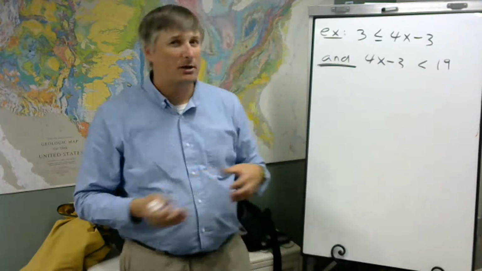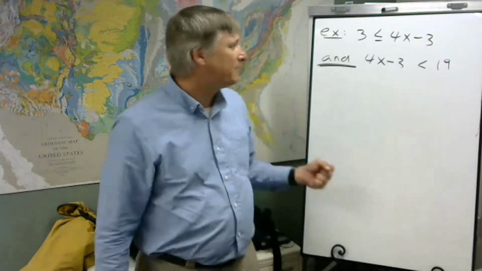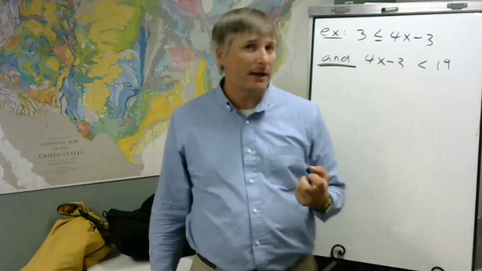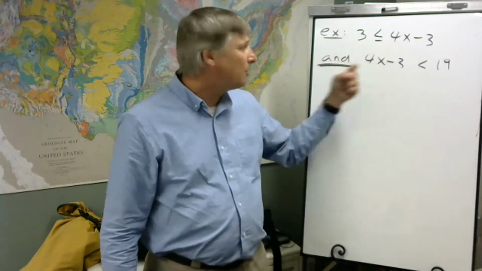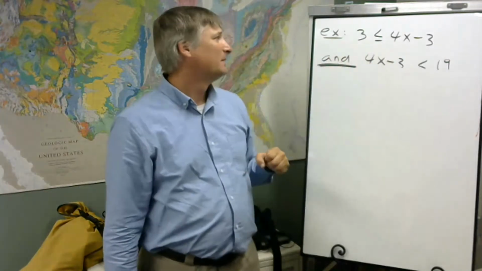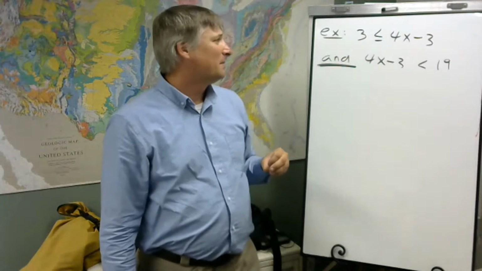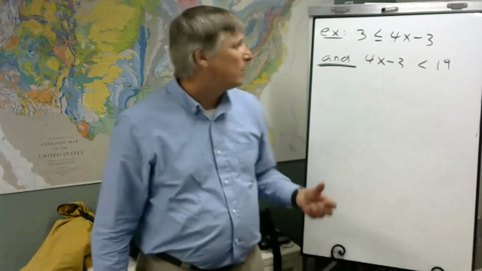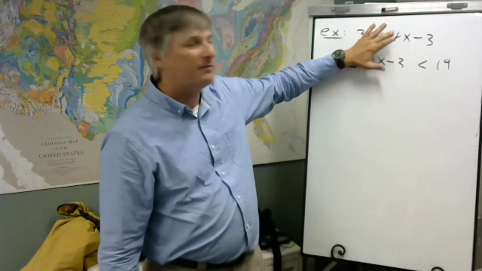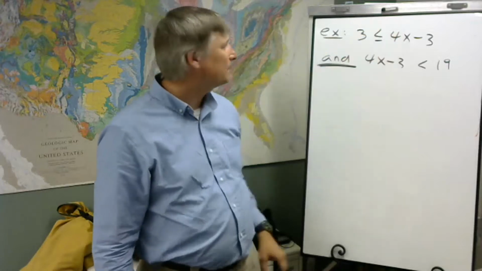So the numbers have to accomplish two things at once. A number that's a solution to this type of problem will work here, and it will also work here. So in a sense, what we're looking for is an intersection. We want numbers that appear in both of these solution intervals.